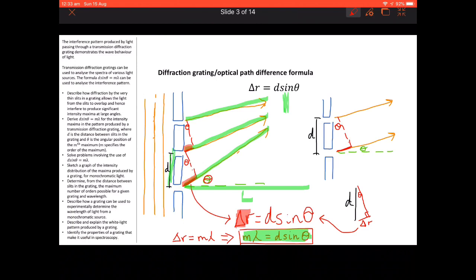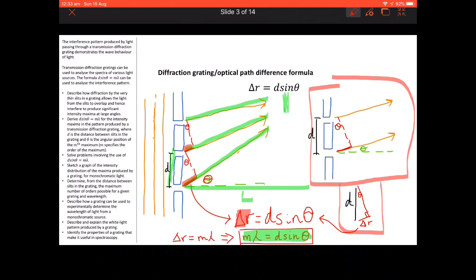Hopefully you can see, if we have this diagram where we've zoomed in and looked at the right angled triangle that this produces, that this length here is equal to the hypotenuse multiplied by sine theta, because it's an opposite over hypotenuse situation.